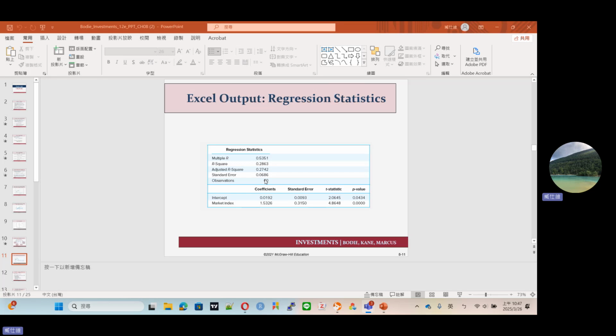But the problem is how long is best? What period of time is best to estimate the beta? 6 months, 1 year, 2 years, 3 years, 5 years? Any idea?